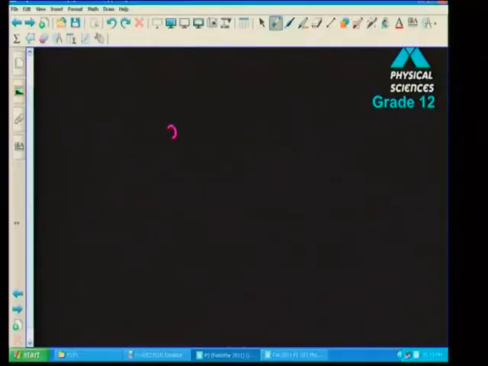Let's say that we've got a stationary observer, so we're going to say the observer is 0 meters per second. Let's say we've got the source over here, and the source is moving with a constant velocity of, let's say, 20 meters per second.